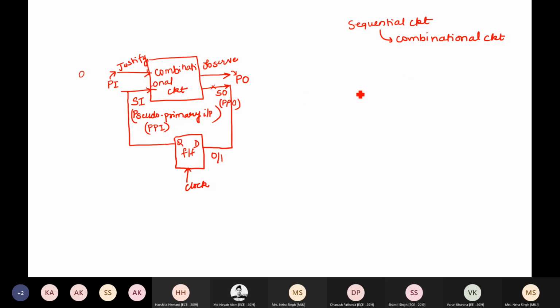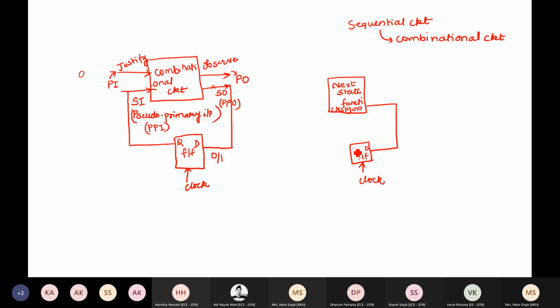In general, the sequential circuit is distributed into two parts. One is called the next state function, which we call NSF, which defines the next state of my flip-flop, which runs on a clock.